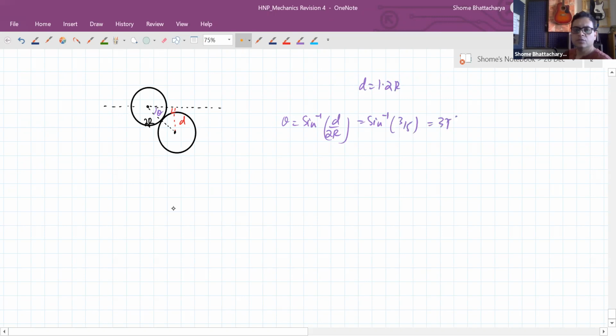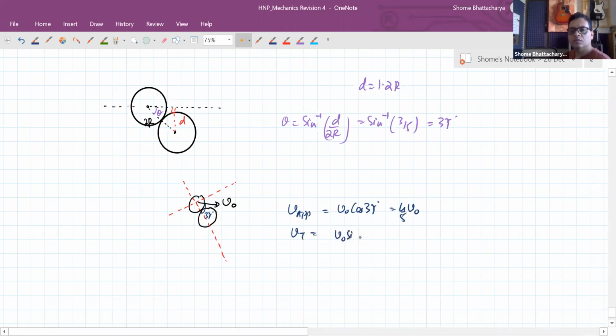Once we know that, we can compare the before impact and after impact picture. Before impact, this was the situation, and this was the line of impact. The approach velocity is V naught cos 37, so 4 by 5 V naught, and the tangential component of velocity is 3 by 5 V naught.